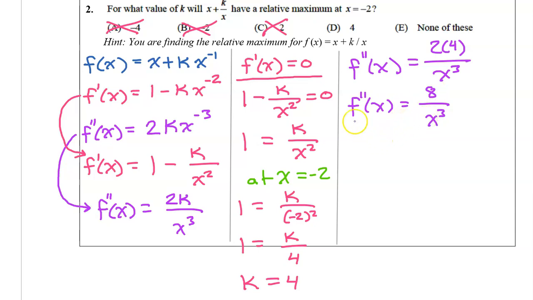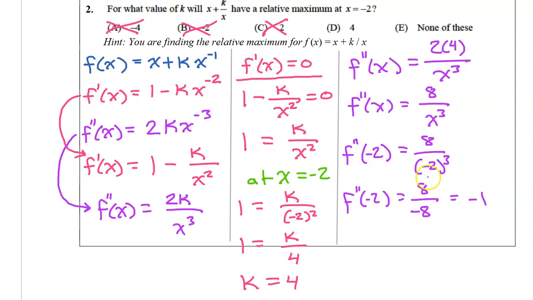We need to see what happens at x equals negative 2. So f double prime at negative 2 would be 8 over negative 2 cubed. Remember that cubing a negative number does not make the negative sign go away. So we end up with 8 over negative 8, which equals negative 1.